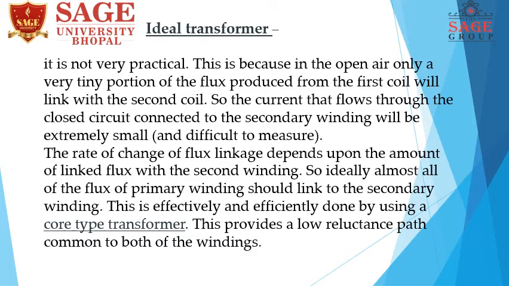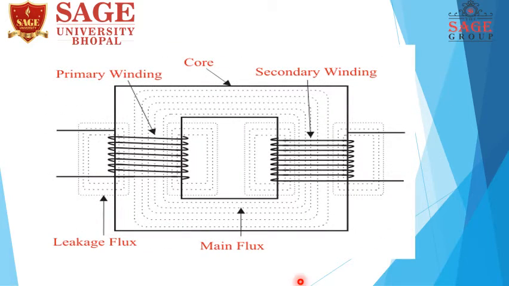In an ideal transformer, whenever input is given to the primary winding and supply flows, the desired output is obtained in the secondary winding. The core provides a low reluctance path for the winding, with proper output. Whenever supply flows in the primary winding and the final output is given in the secondary winding, it is known as an ideal transformer. And this is the ideal transformer diagram.